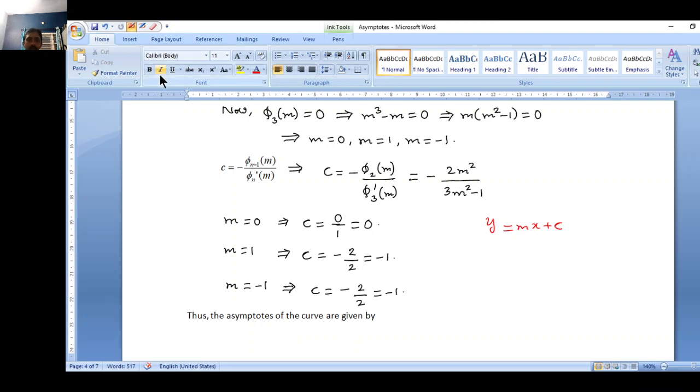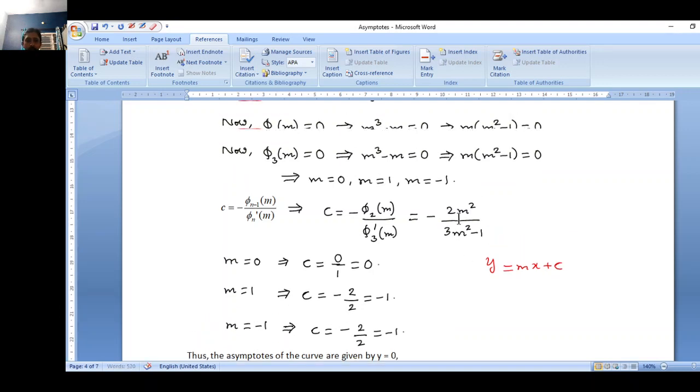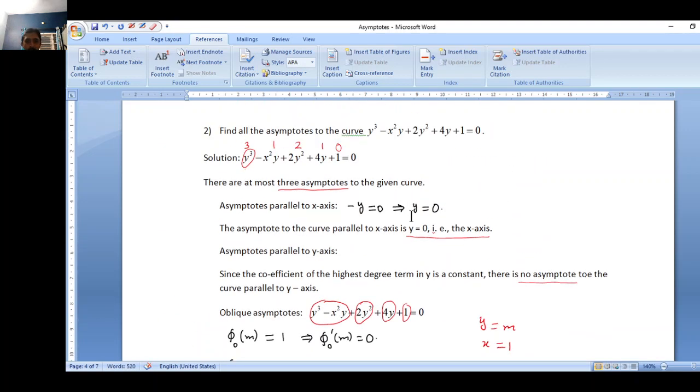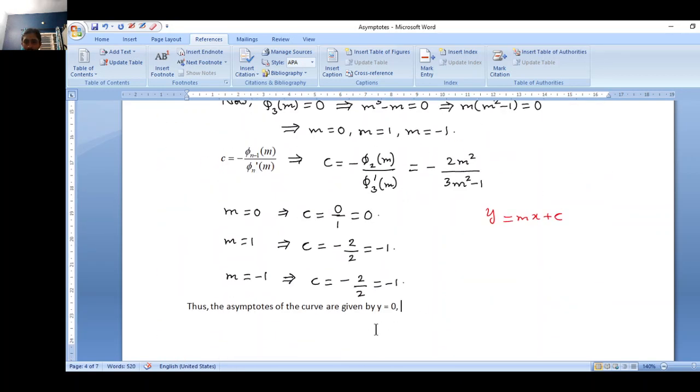Okay, so correspondingly, when you have m to be 0, we have c equals 0. So accordingly we have y equals 0, because m is 0 and c is 0. That is one equation. If you remember properly, we had actually got y equals 0 to be one asymptote, which is exactly what we have got as the first asymptote.